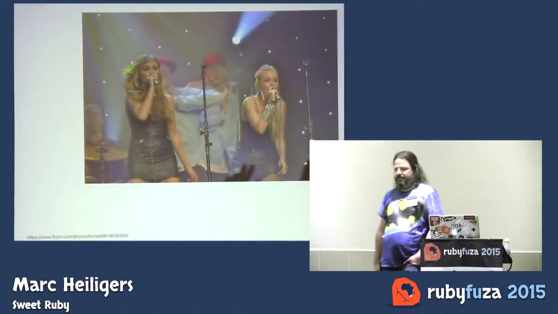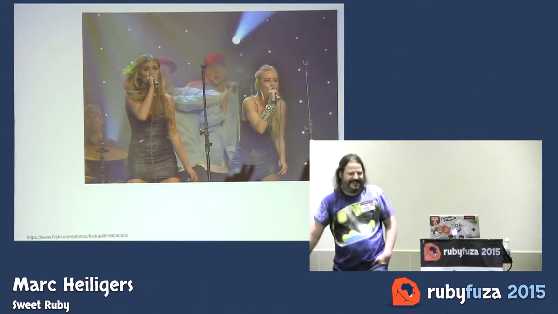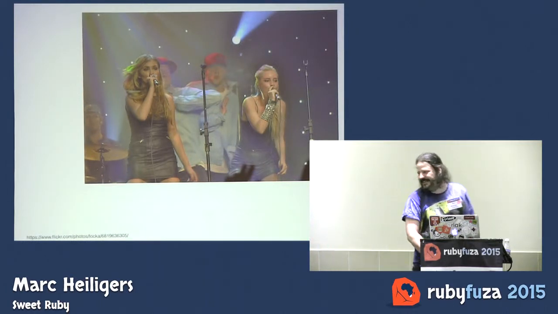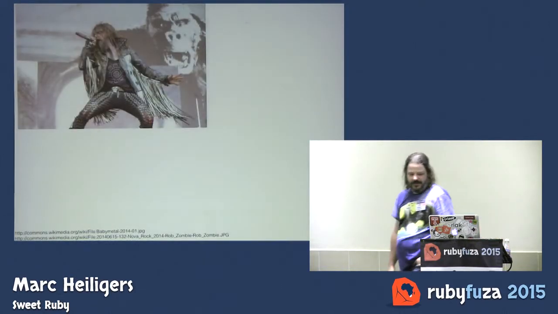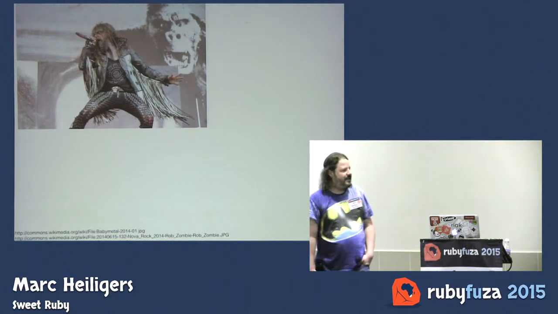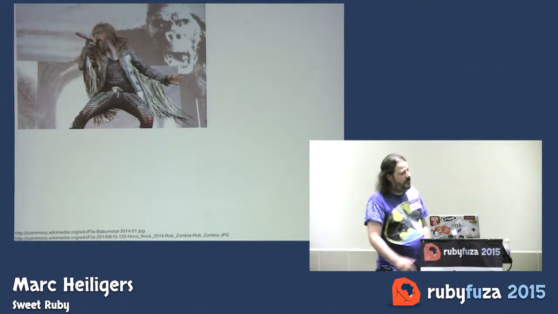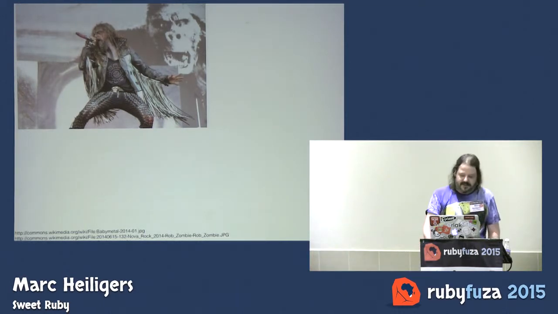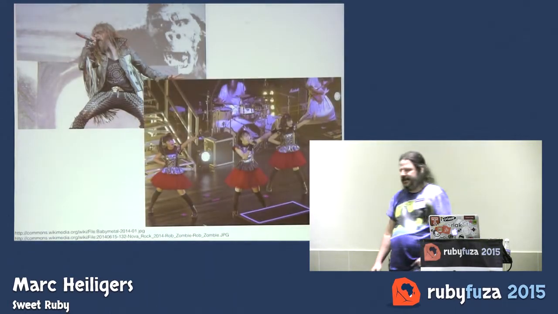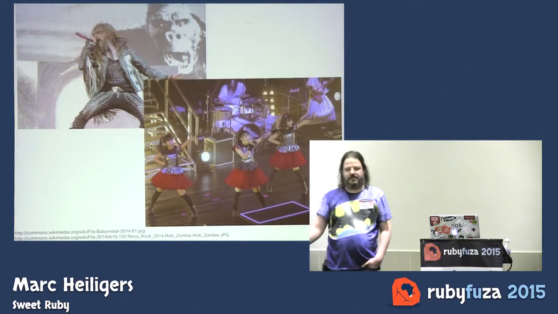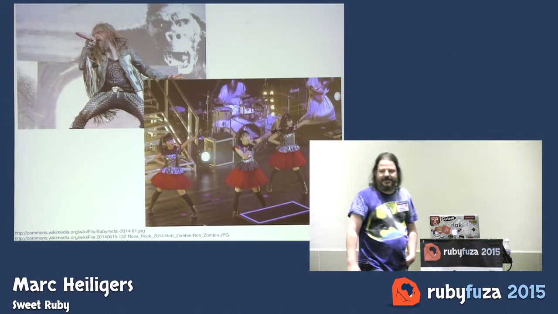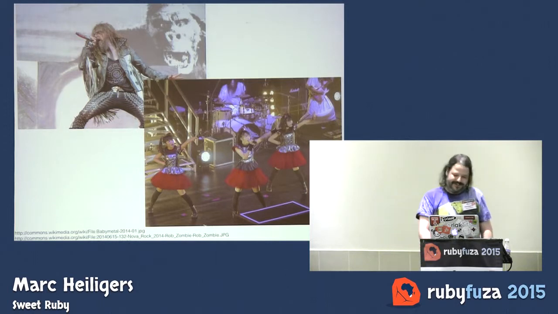This is Ace of Base. Here we have Rob Zombie of White Zombie, and I think we can all agree that he probably can't dance. He can definitely rock though. And over here is Baby Metal. And if you haven't heard any Baby Metal, you must. Just search for it on YouTube. It's crazy stuff.